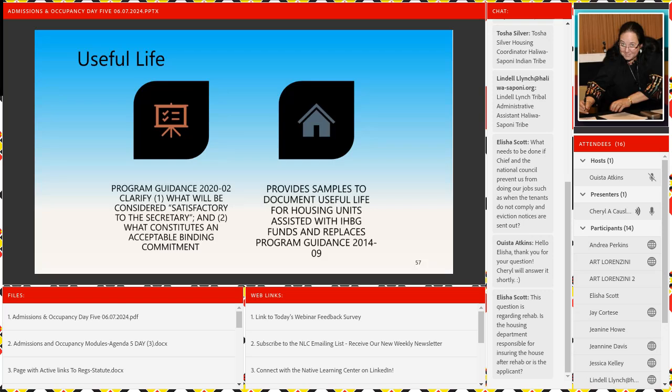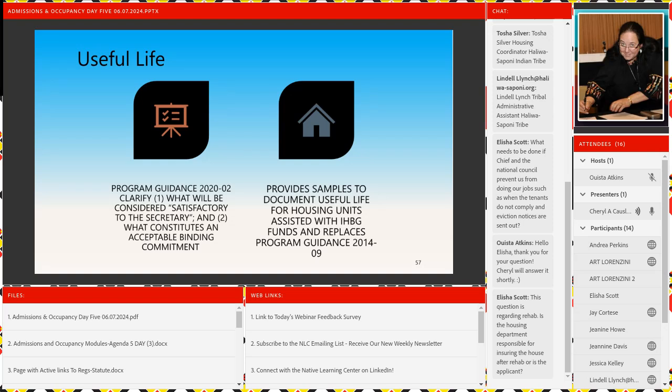So useful life, there's 2 different program guidances on it, 2020-02, which I know is in your reference materials. 2014-09 might be. I used to include them both because it's got samples in it that aren't in the later one, okay?